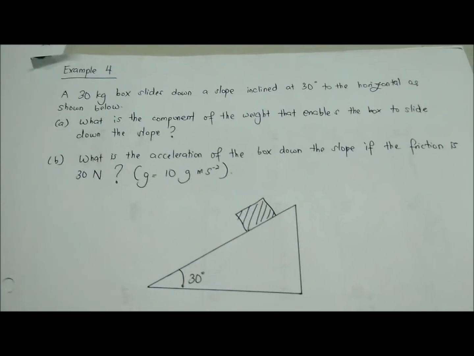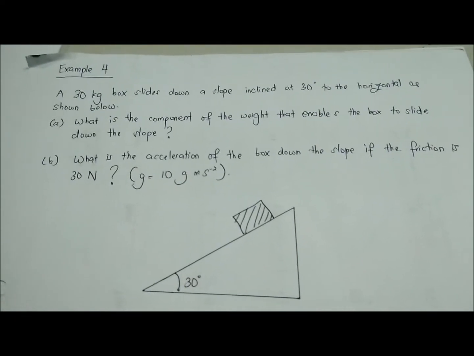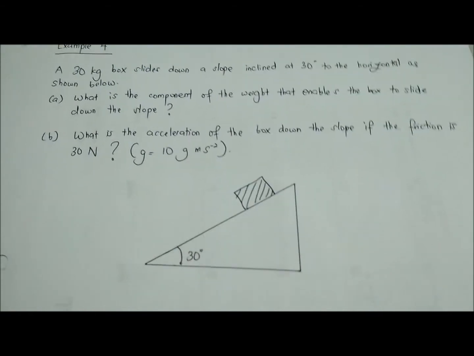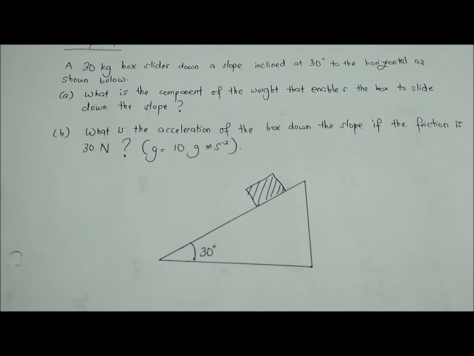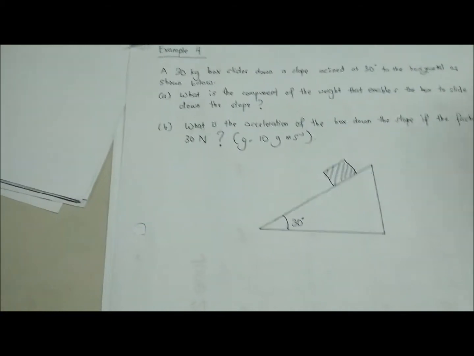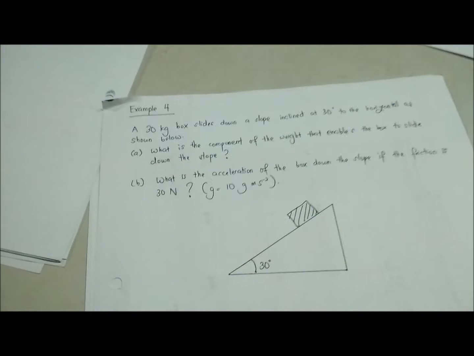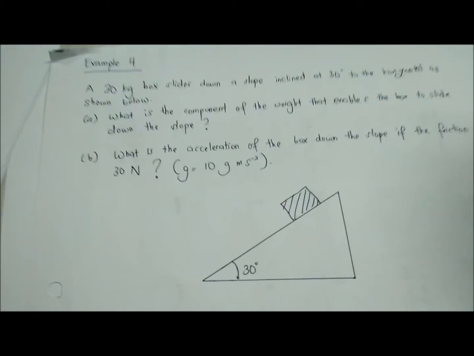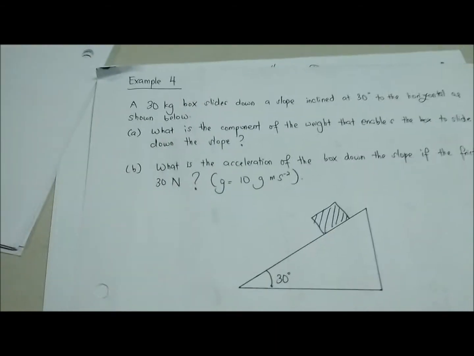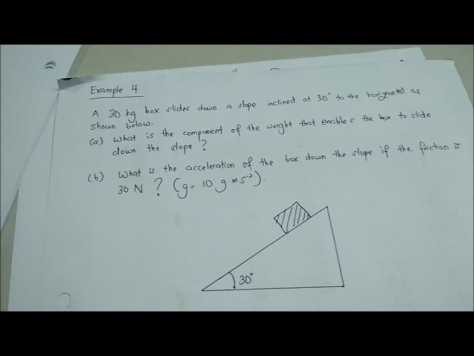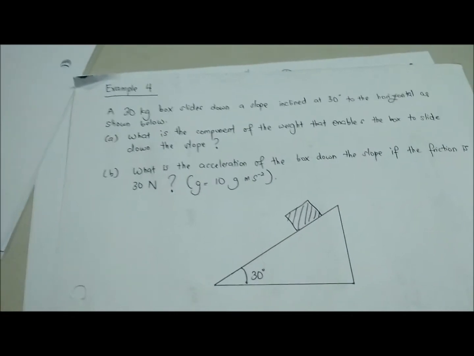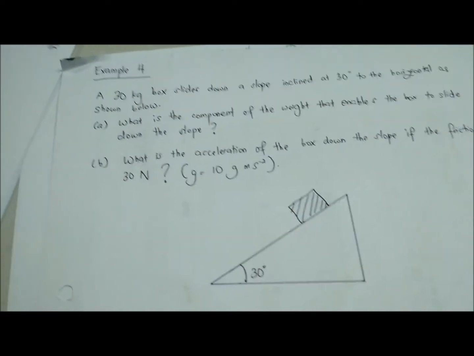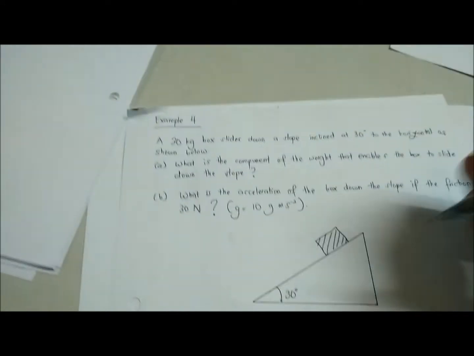Okay, A, what is the component of the weight that enables the box to slide down the slope? Before we go through the question, once again, we do it step by step. First thing you need to do is resolve the force. What is the force involved in this question? In this case it is weight.